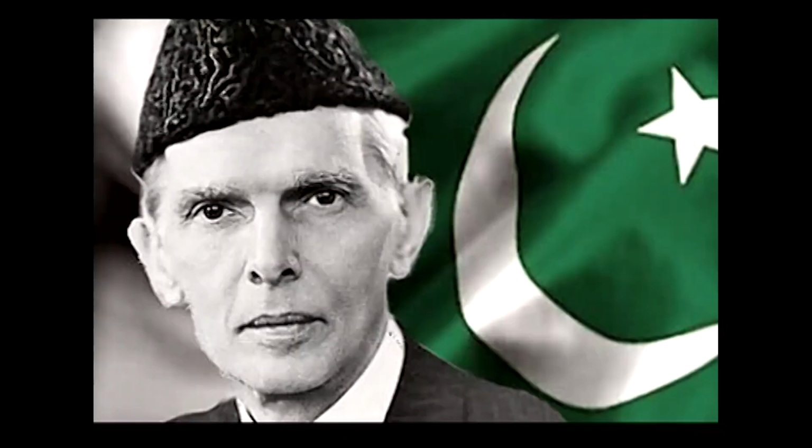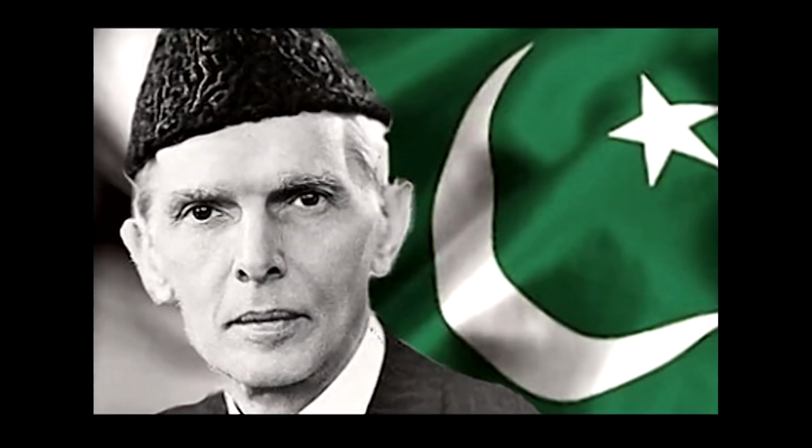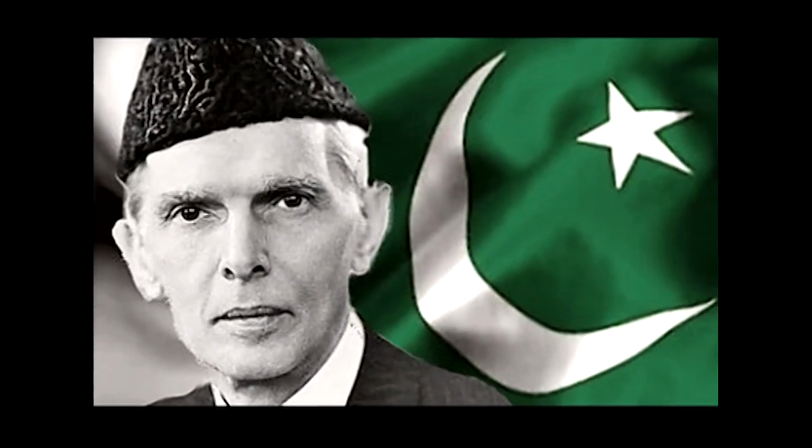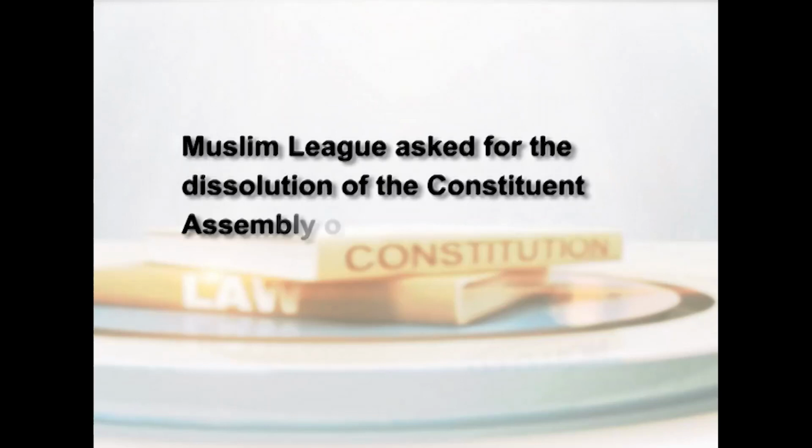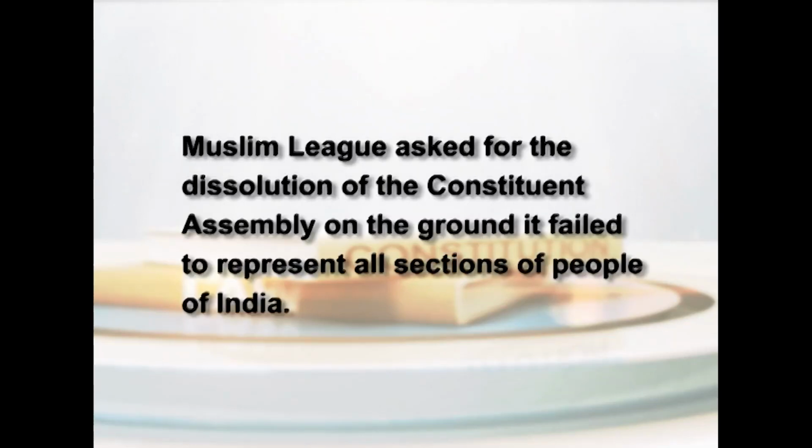So, Jinnah and the League didn't want to go for this coalition, and the process of interim government failed to serve its purpose. The Muslim League urged for the dissolution of the Constituent Assembly on the ground that it failed to represent all sections of people of India.